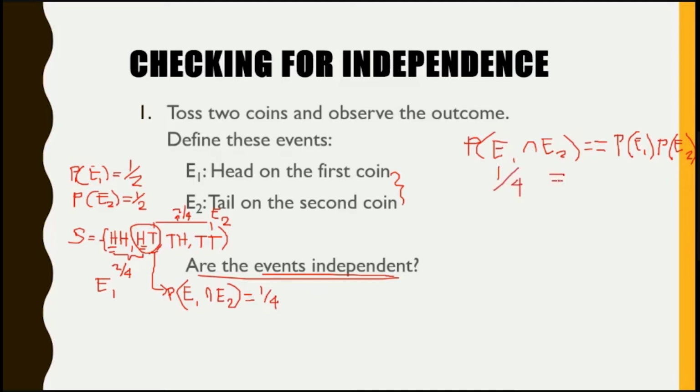Then how about the other side? Again, we just have to multiply the probability of E sub 1, which is 1/2, and the probability of E sub 2, which is also 1/2.